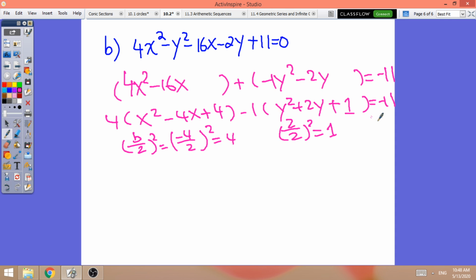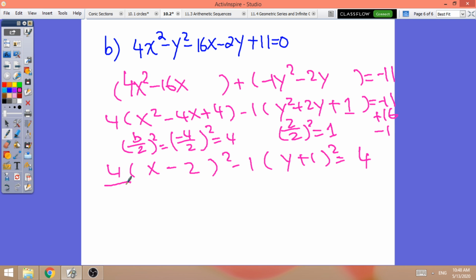So 4 times 4, then that'll be 16. Negative 1 times 1, then that'll be negative 1. So the rest of this, the trinomial, we want to factor, so it's x minus 2 quantity squared, negative 1, bring it down, so we got y plus 1 quantity squared. So that equals negative 11 plus 16, which is 5, minus 1, then that'll be 4.